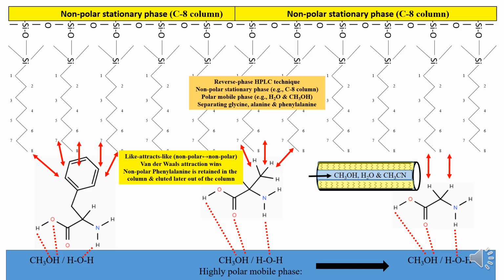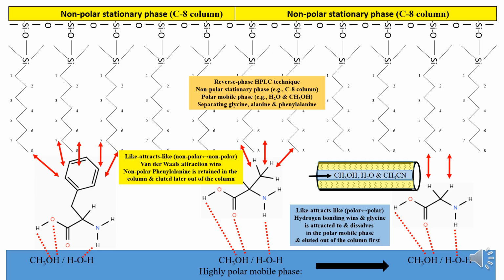So rule of thumb, like attracts like. In case of phenylalanine, you find the dominance of non-polar interaction between the aromatic ring and the non-polar chain of the stationary phase. And therefore, the non-polar phenylalanine is retained in the column for a longer period of time and hence eluted later out of the column.